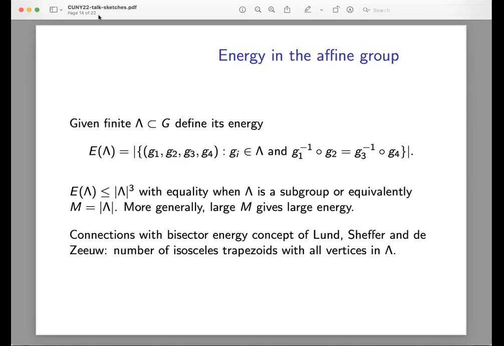The worst thing that can happen is that this G4 is in the set of transformations. So the absolute maximum that this energy can be is the cube of the number of transformations. And in fact, you get equality when lambda is a subgroup. If it's a subgroup, it's closed under all these operations.